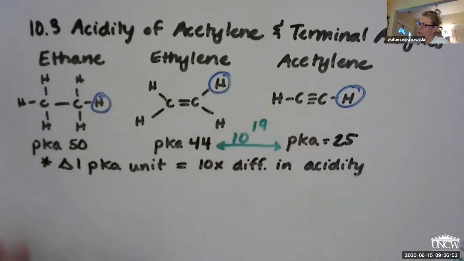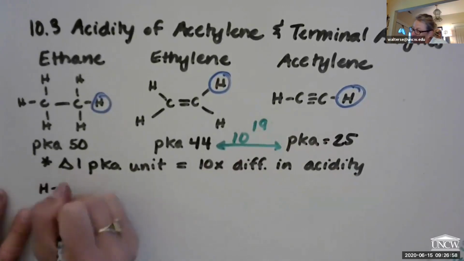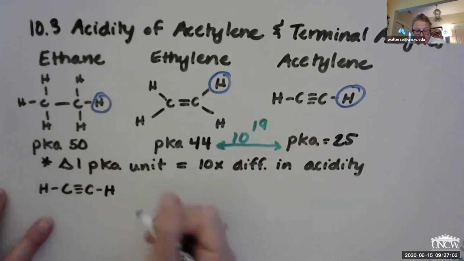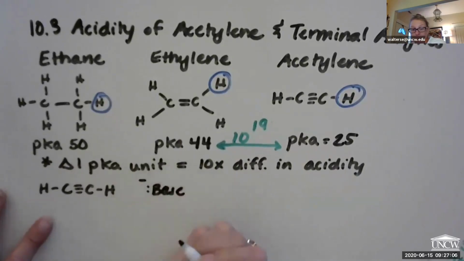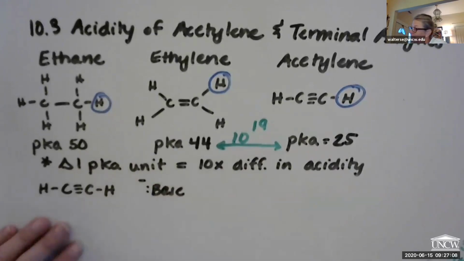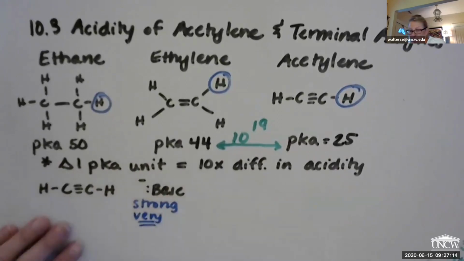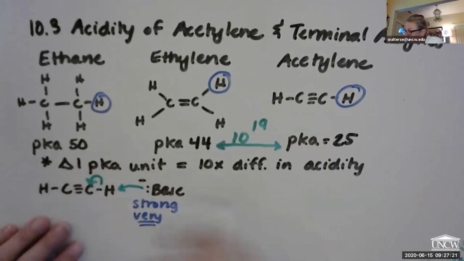So what we're talking about is taking our acetylene compound and putting it into the presence of a base that has to be strong, like super strong, so that it can remove a proton and make a carbanion.